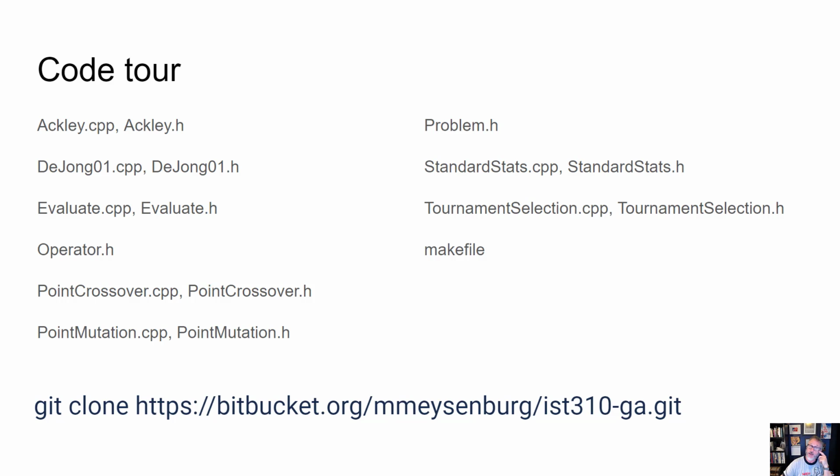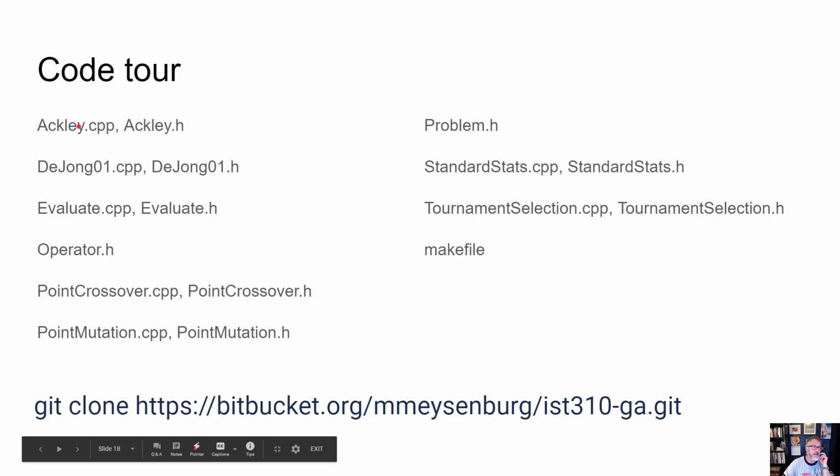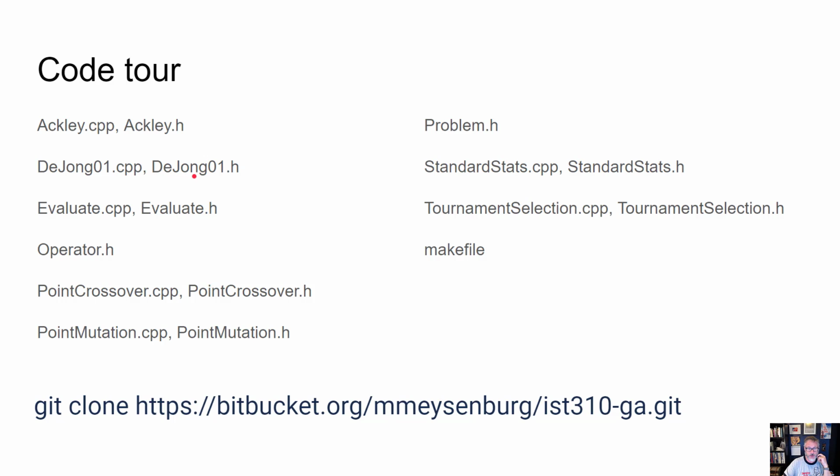What it comes with is ackley.cpp and .h, which is a sample program, deong01.cpp and .h, which is another sample program, evaluate, which goes through and evaluates everything in the population and sets its fitness, point crossover, point mutation, and tournament selection. Those are all operators that we talked about.